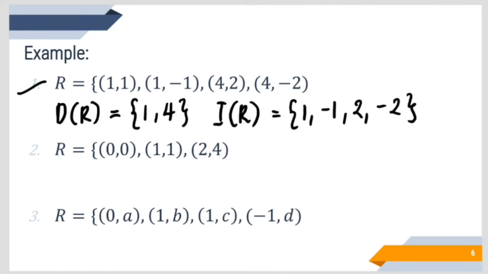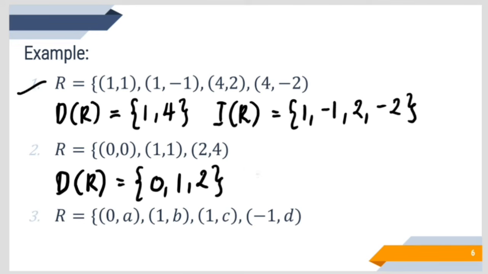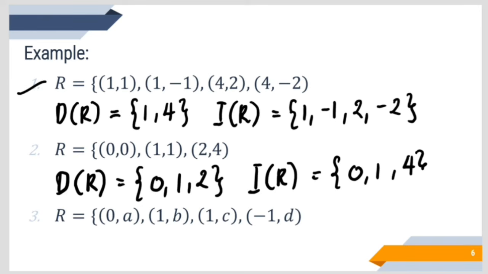For the second one, we have (0, 0), (1, 1), (2, 4). So the domain here would be 0, 1, and 2, and then the image would be 0, 1, and 4.